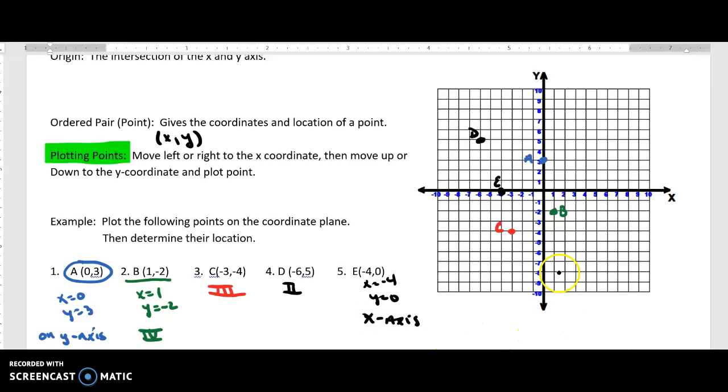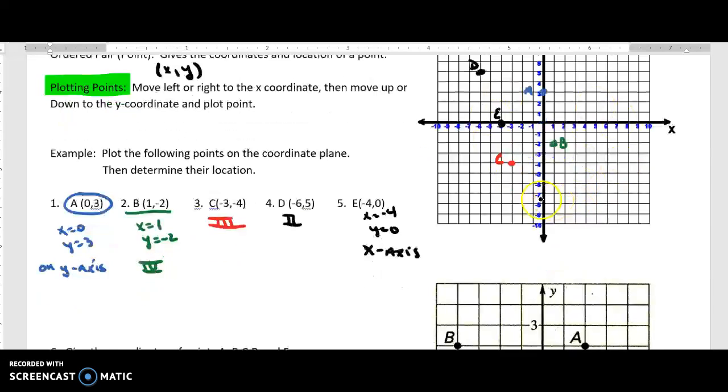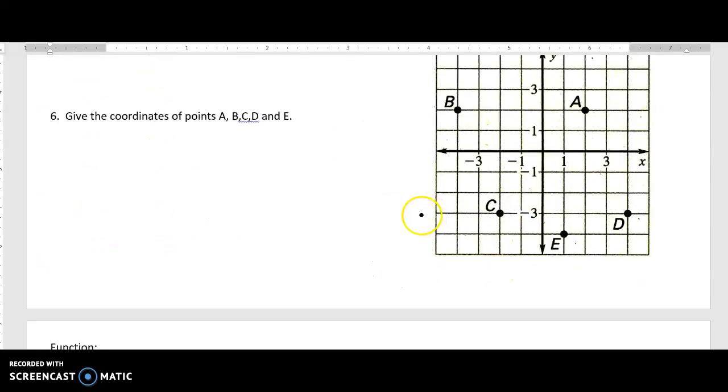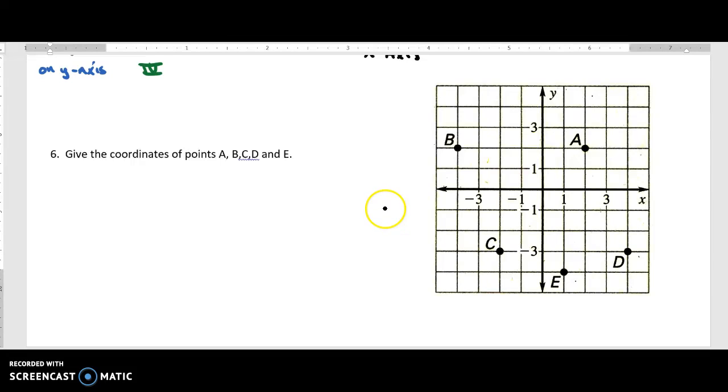Okay. So, as important as it is to plot points, it's even more important to be able to gather ordered pairs here. So if we look at this, we have point A, point B, point C, D, and E, and we want to gather the ordered pairs.